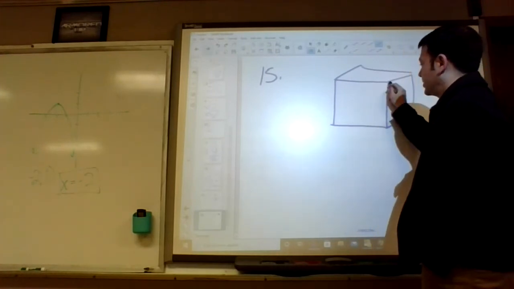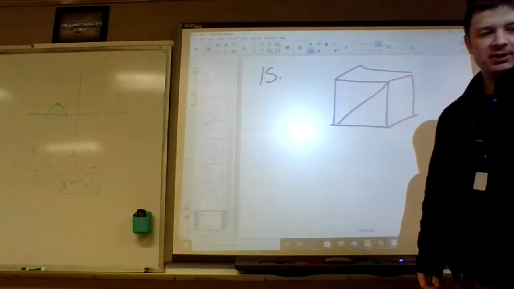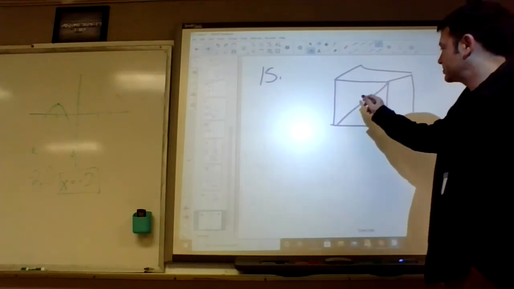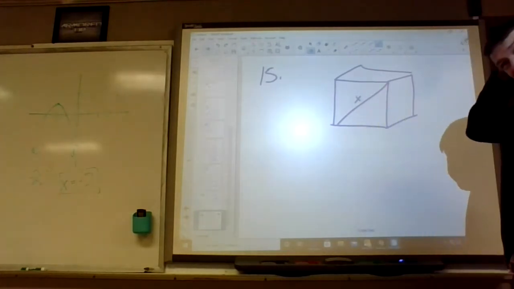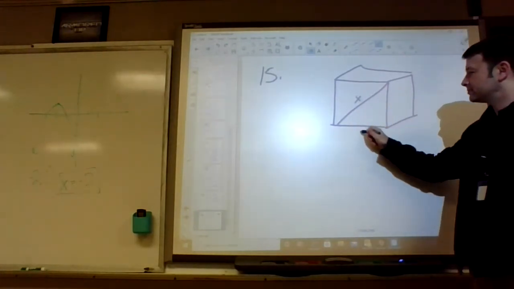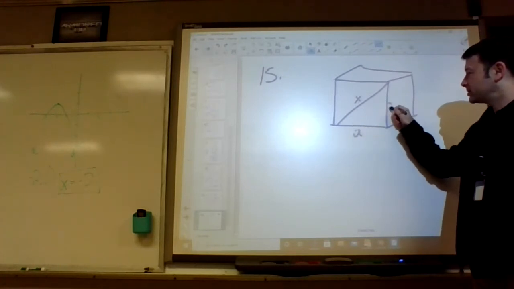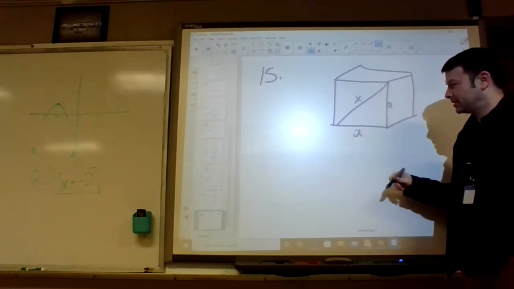We could put the diagonal wherever we wanted. All the sides are the same. The diagonal is x. Remember what we did? x squared. Well, since I called it x, I'll call the sides a.